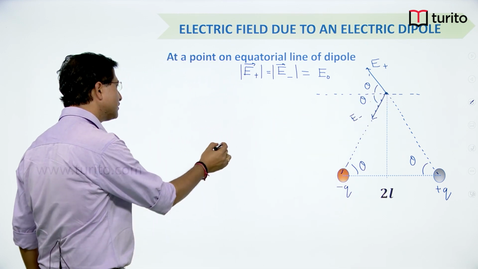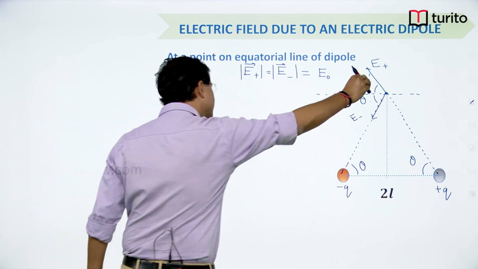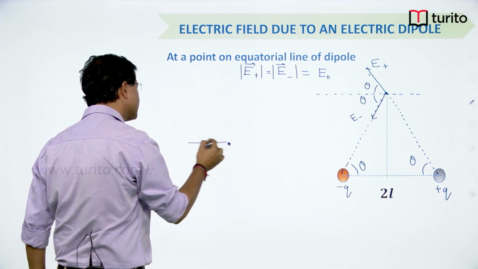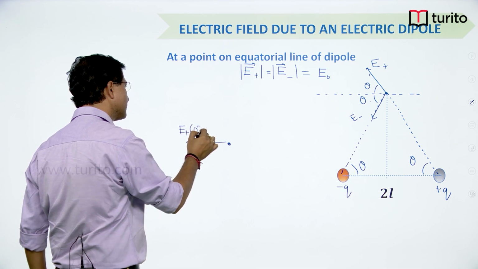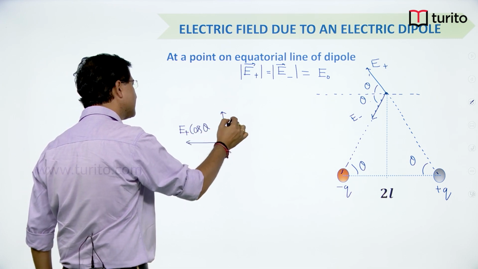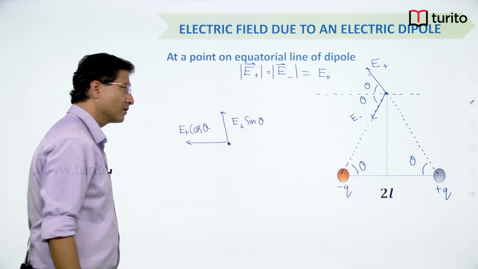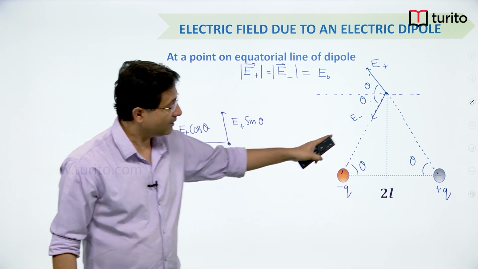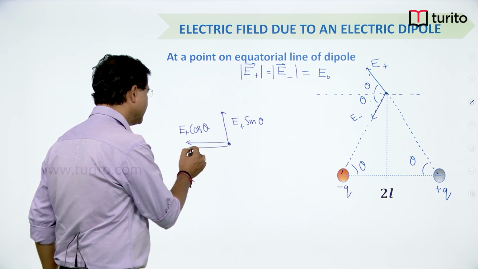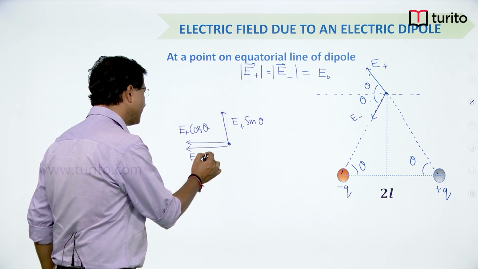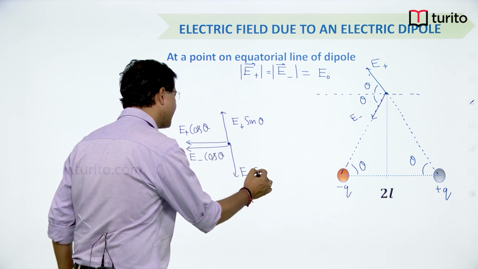So if I separately draw the diagram, this E plus will have two components, one in this direction and another in this direction. Similarly, this E minus will have two components, E minus cos theta and E minus sin theta.